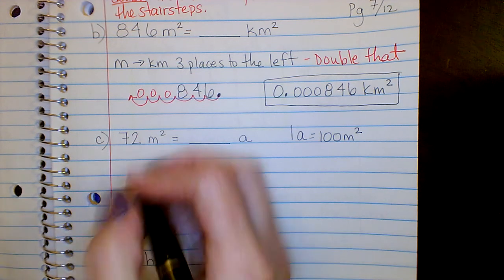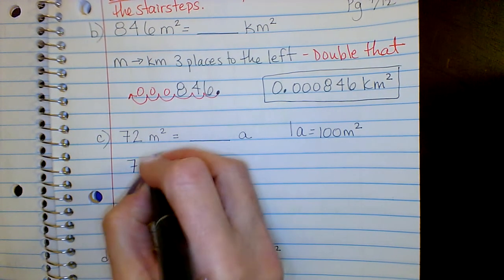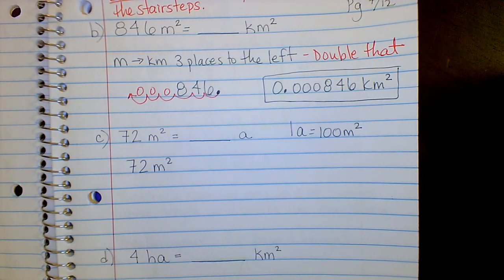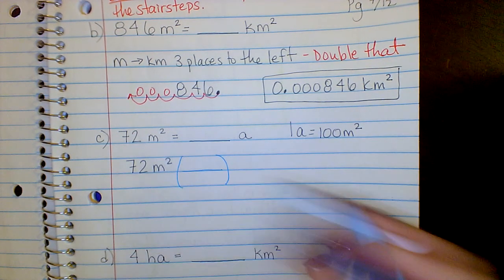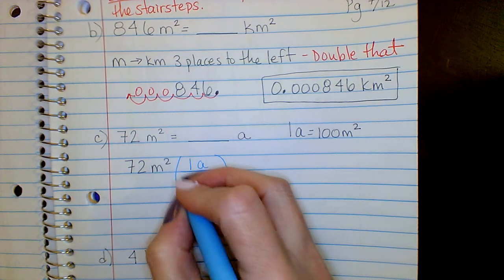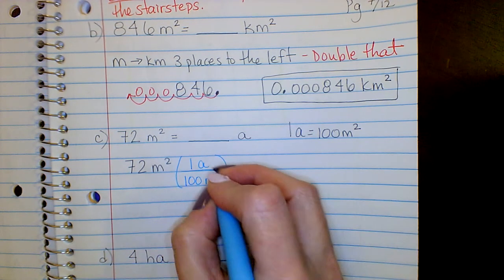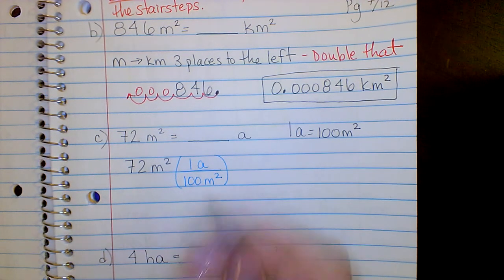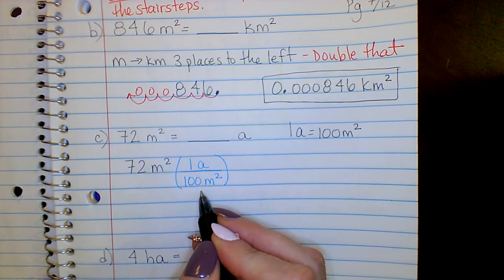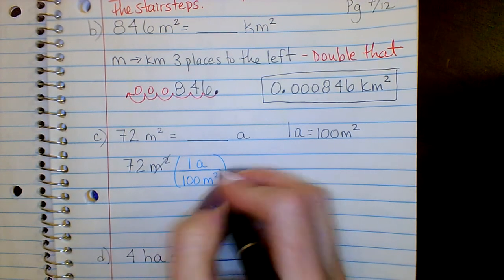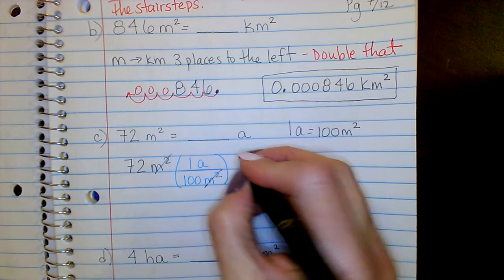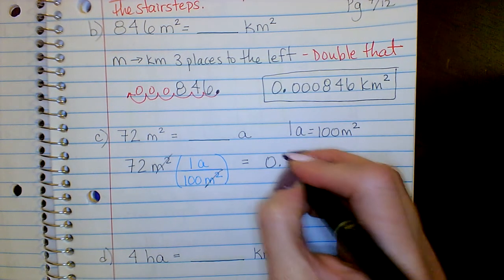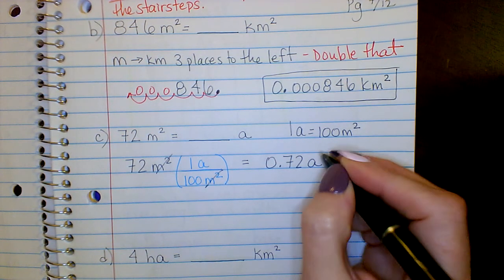So we're going to have to use a conversion factor for these, just like we did with the English units. Alright, so we have 1 air is 100 square meters. I don't have to square all of this. This is an area conversion. So I'm going to cancel those out, and I get 72 divided by 100, which is just going to be 0.72 air.